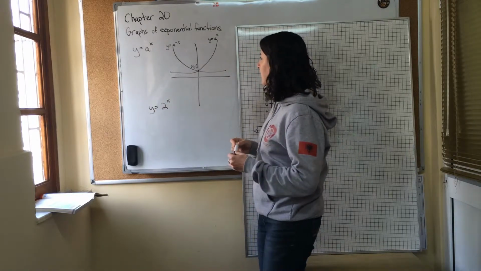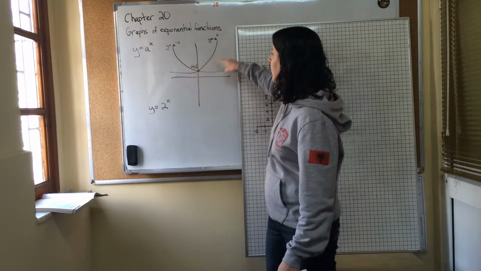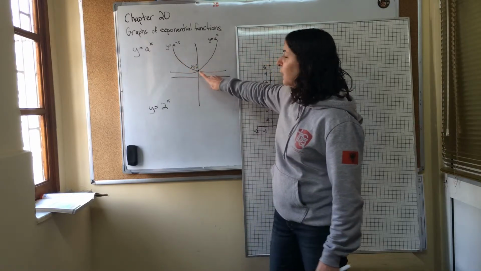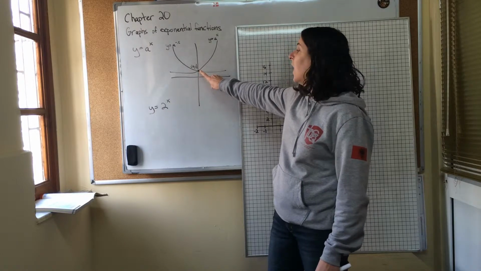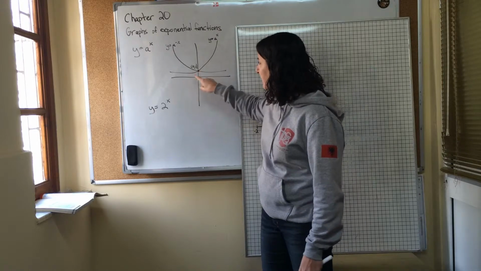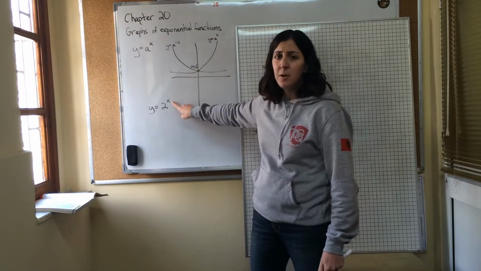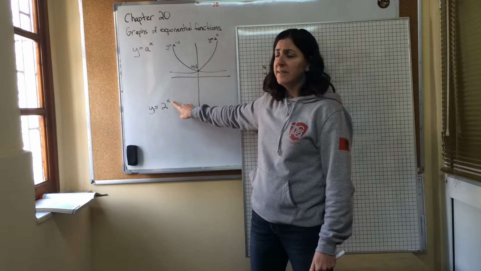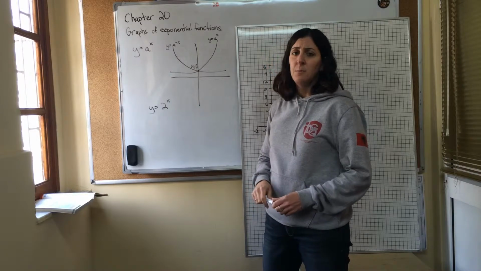Something else I wanted to mention is that both of these functions go through the point 0, 1. They will always go through that point because if x is 0, it's on the y-axis, and anything to the 0 power is always 1. So all of these functions will always go through this point.